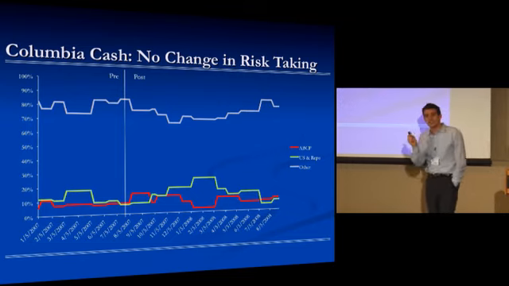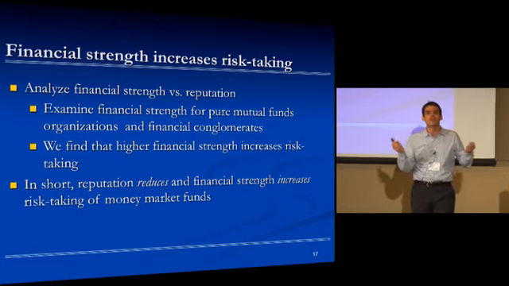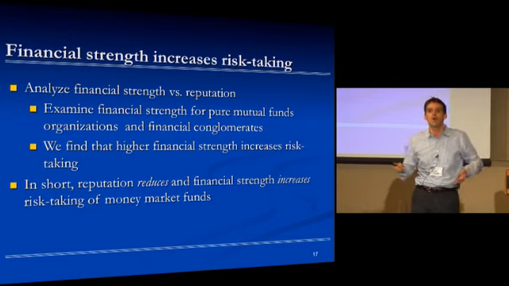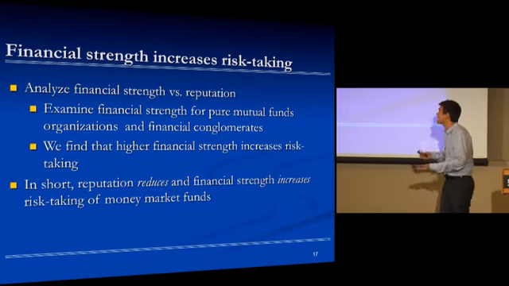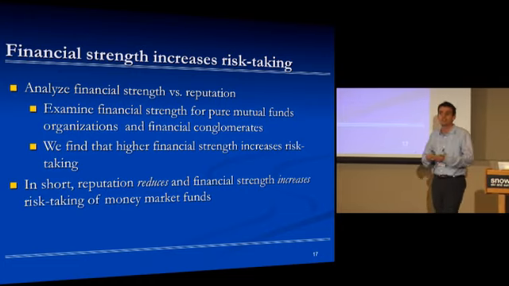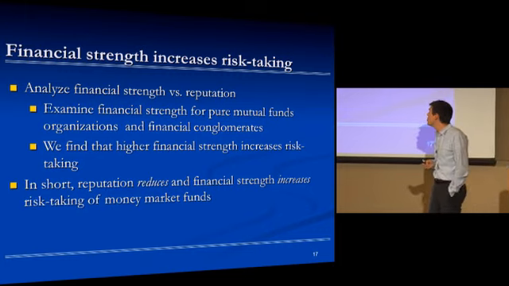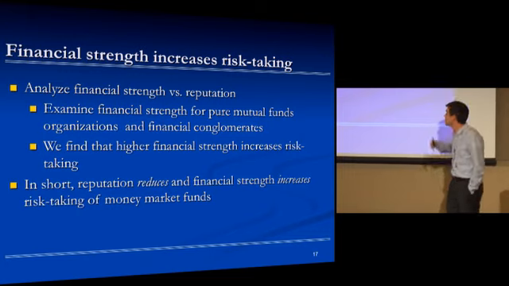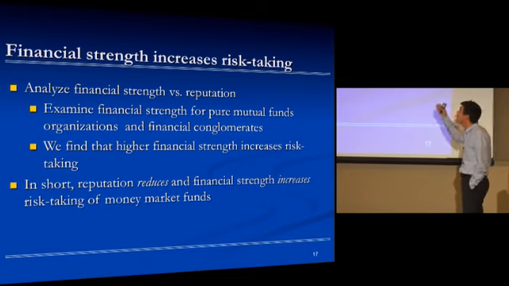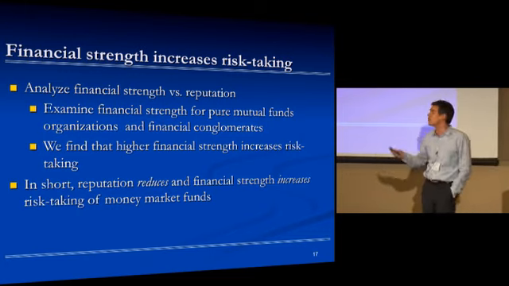Now, I say it's not just reputation. You might also want to distinguish that from financial strength. So one thing you might be worried about, well, Bank of America also obviously has much more access to financial resources, so maybe that's what's causing the difference. So what we're going to do is we're going to examine financial strength for pure mutual fund organizations, something like the Reserve Primary Fund, and for financial conglomerates like Bank of America.